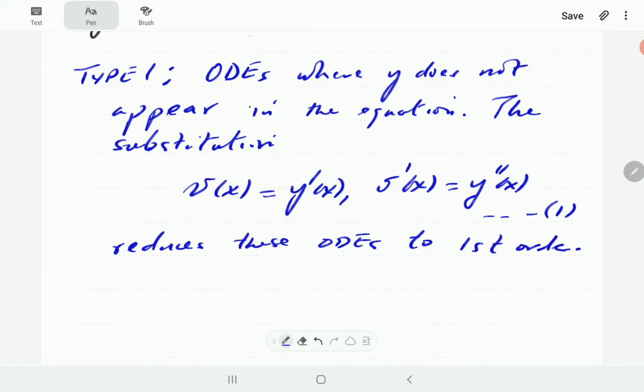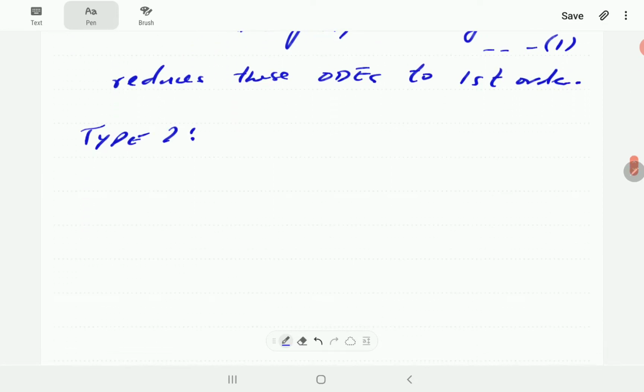All right, and then the second type, type 2, is ODEs in which the variable x does not appear explicitly.